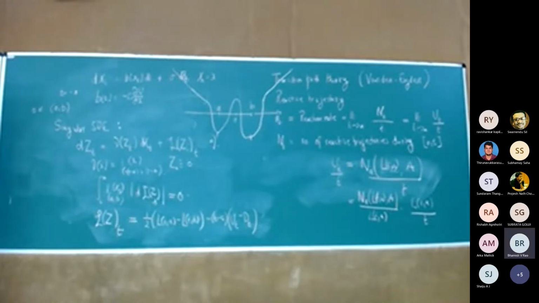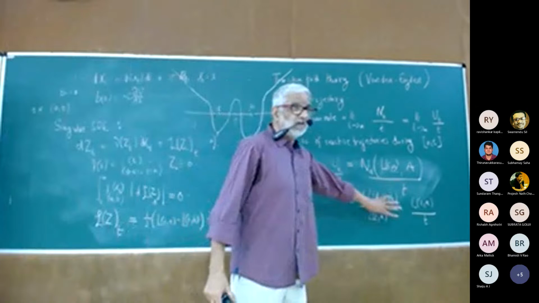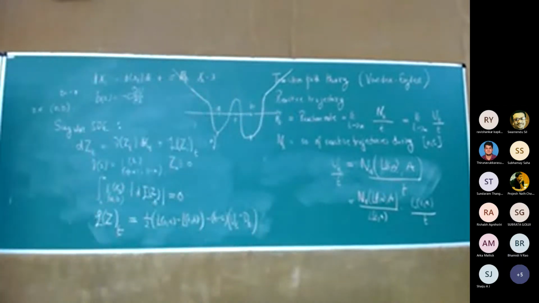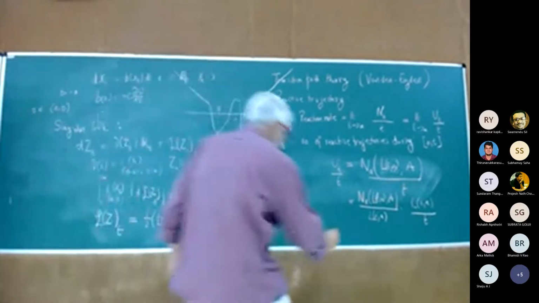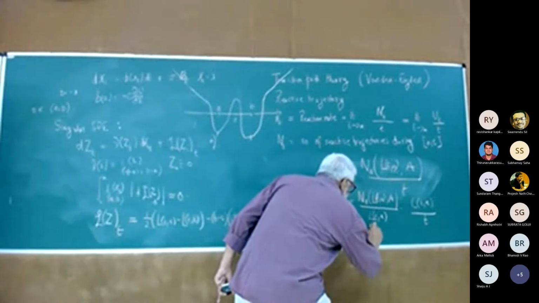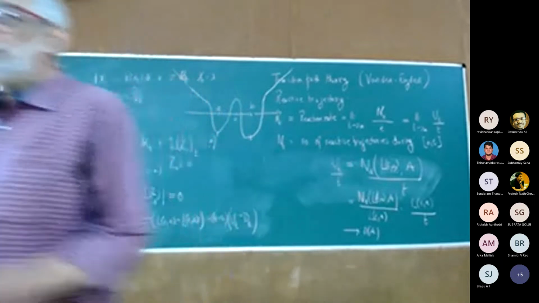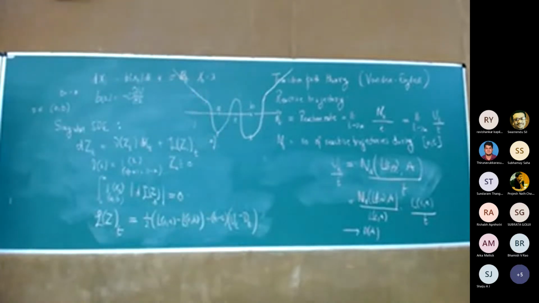The first one, you can compute using the fact that N_t is a Poisson process. N_t by t will go to the mean, and the mean here is the excursion measure of A. So this will go to n of A, where A is the set of excursions of height B minus A.